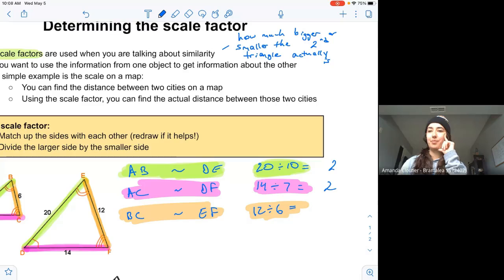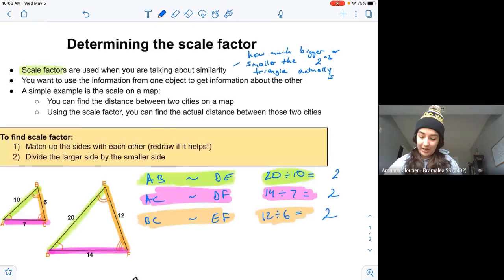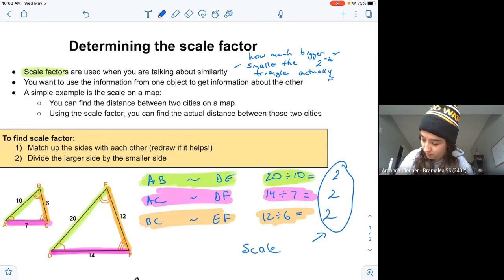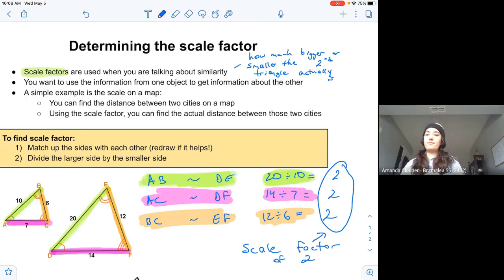What is 12 divided by 6? It's also 2. Good. Exactly. So we now have a scale factor of 2. That is the answer to this question.